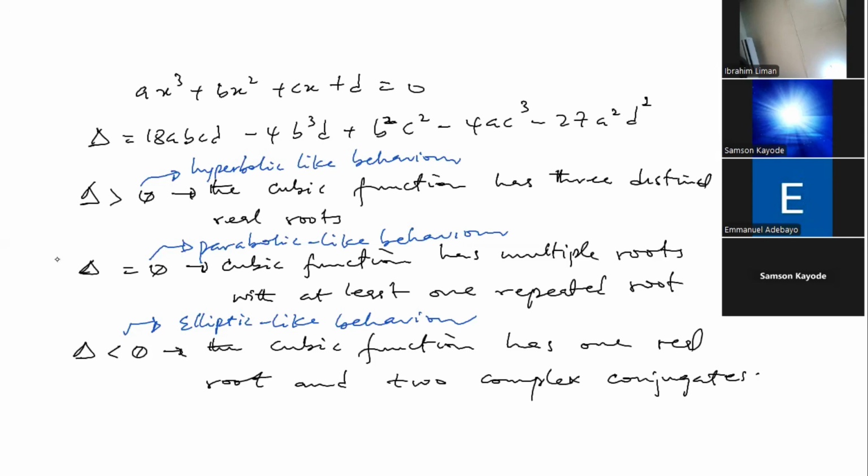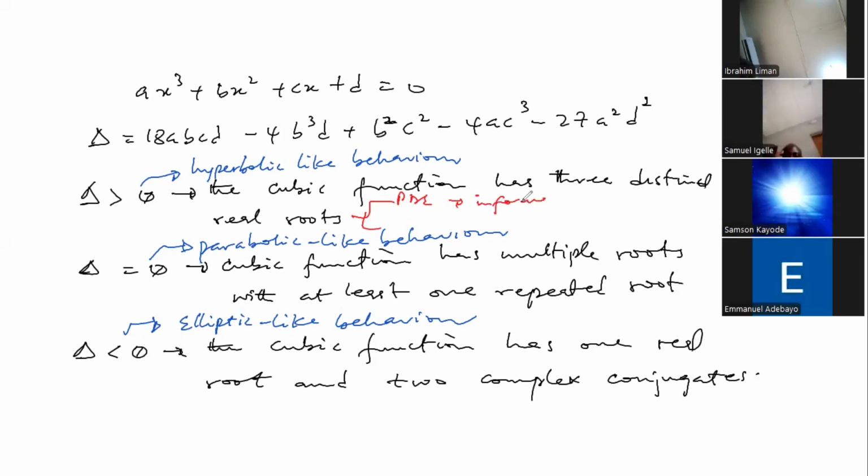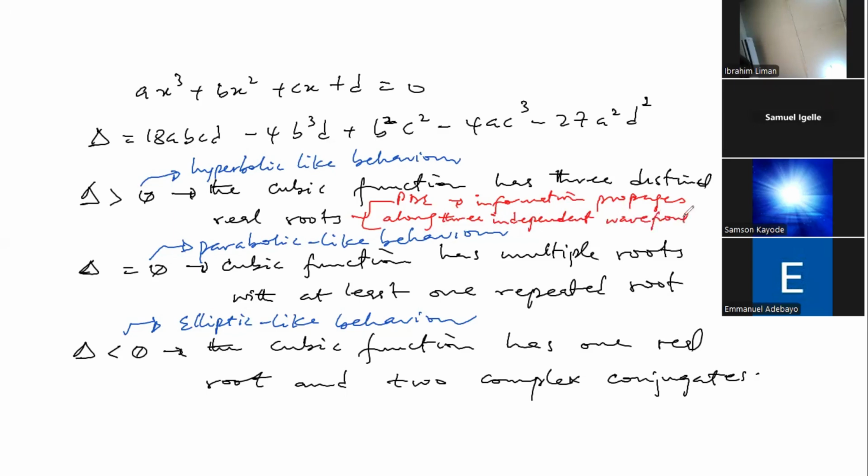So if, for instance, this is a hyperbolic system PDE, then it means that information propagates along three independent waveforms.